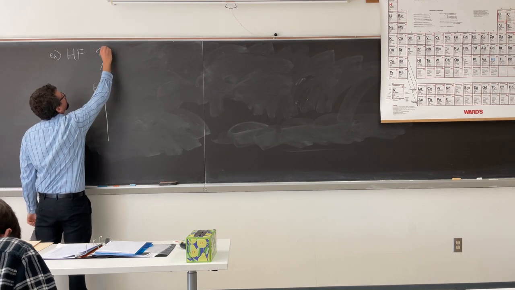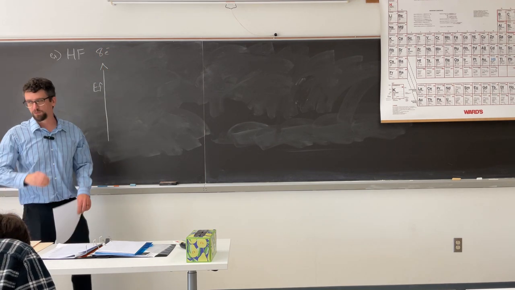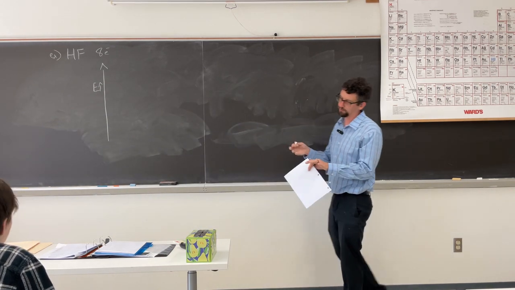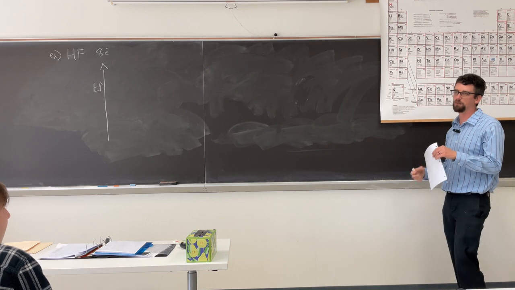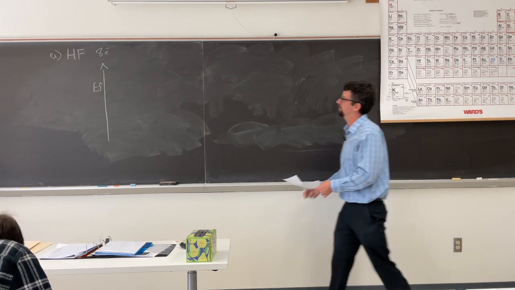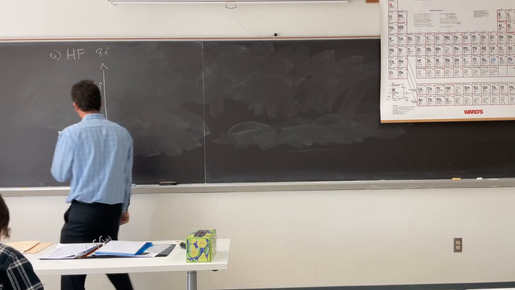HF is really weird. We're talking about gaseous HF. We're not talking about aqueous or liquid because that becomes way more complicated and it's very strange. It has extremely strong hydrogen bonds.